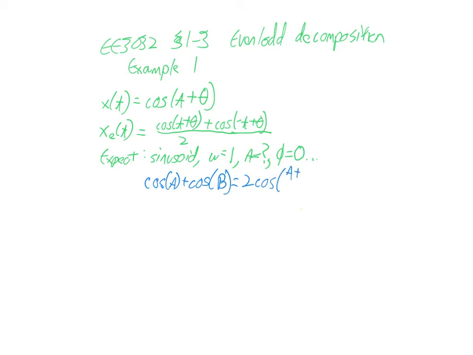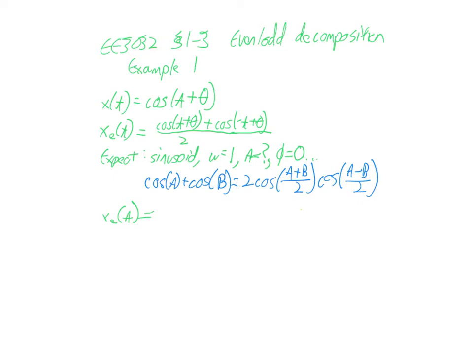It's the average of the angles, and the other cosine is we subtract the angles and divide by 2. So the sum and difference angles divided by 2. So we're going to use that identity here to simplify the even portion of the signal. So let's continue on with that.